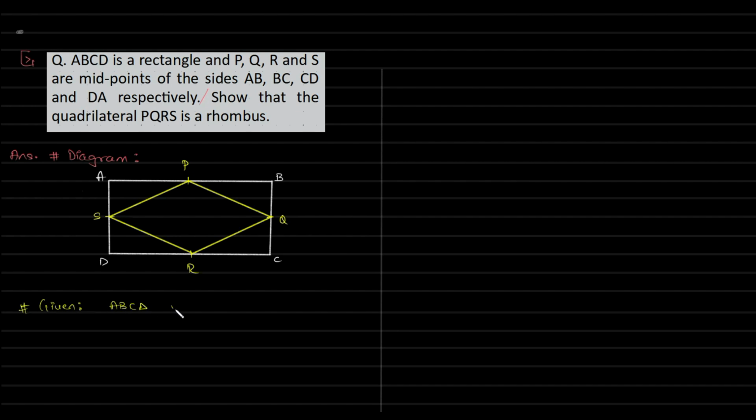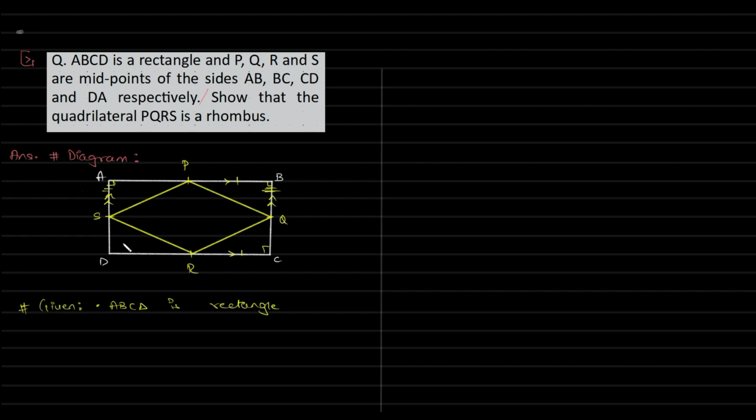Given ABCD is a rectangle. So here opposite sides are equal and parallel. Okay. Then what else do we have? We can also tell that the corners are 90 degrees.